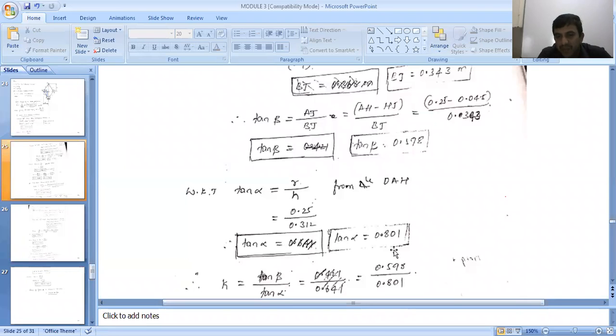Tan alpha you got 0.801. It is actually not in degree, and it is not in radian either. It is just a value. Is it right?